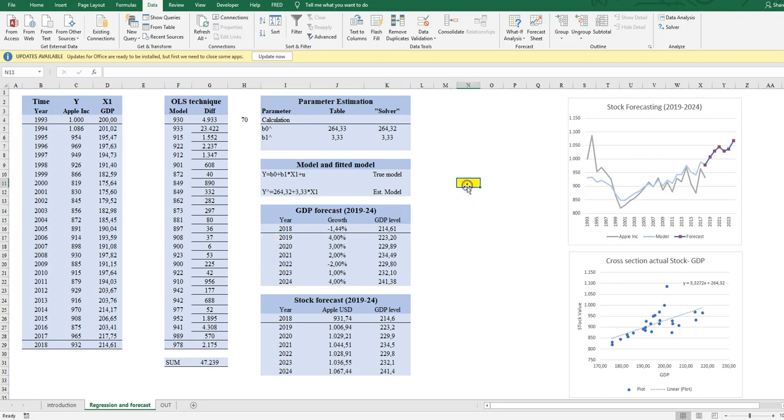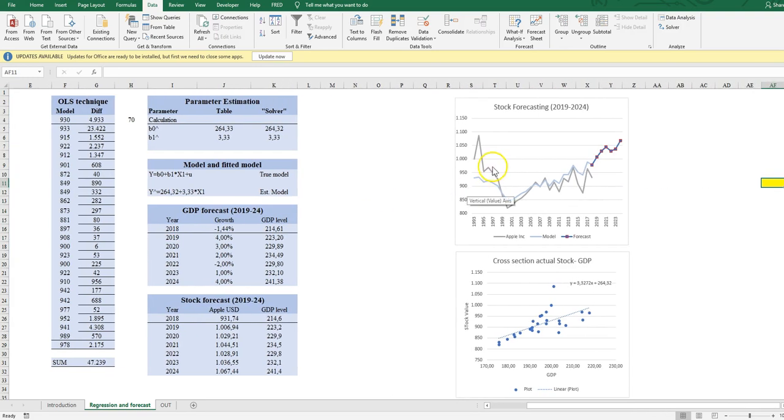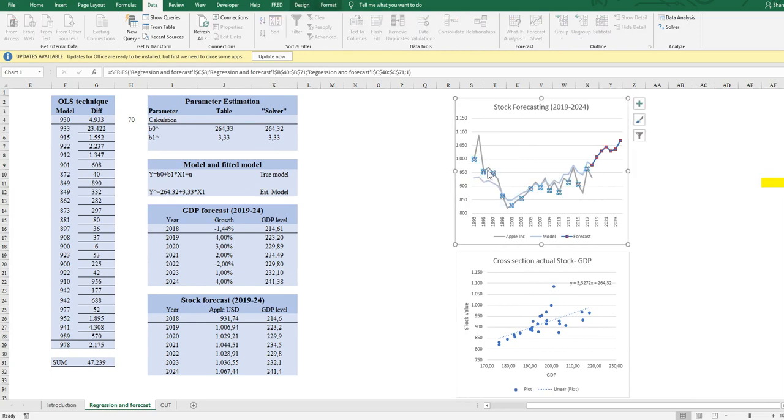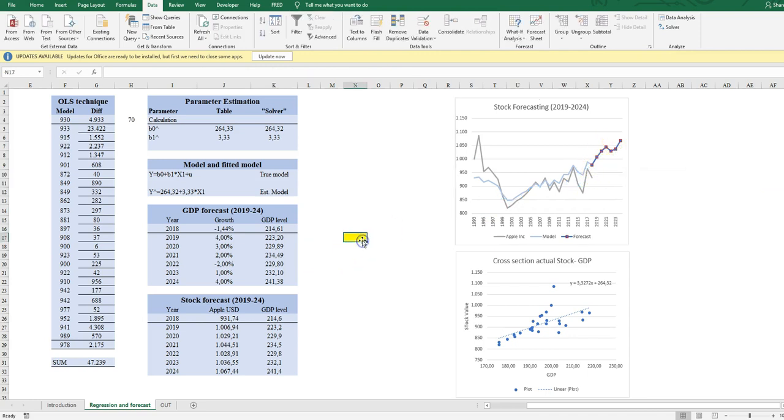So out here I can see the actual development of the Apple price over the last 25 years, and I can see the model price, which is the blue one. Now I want to show you how to calculate a forecast of Apple based on this model.